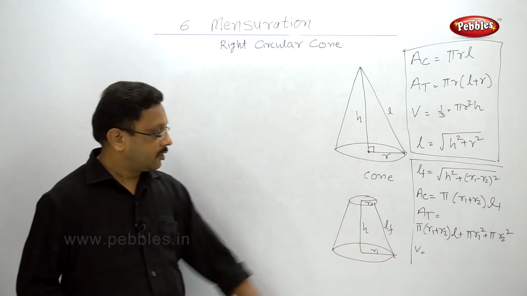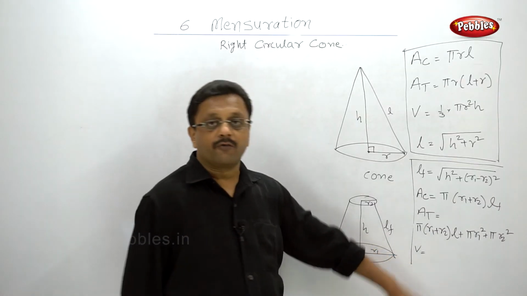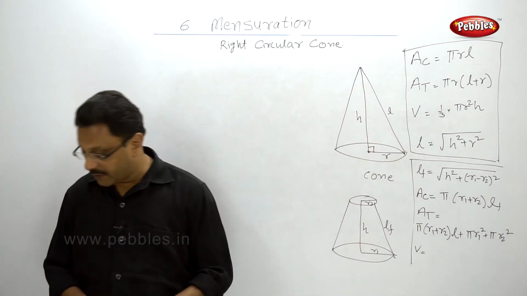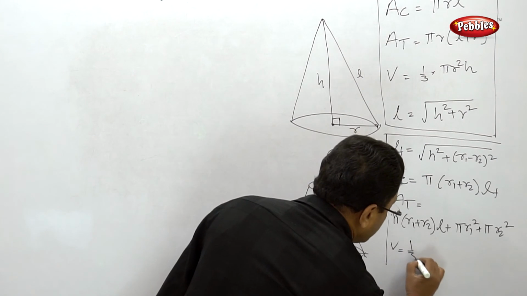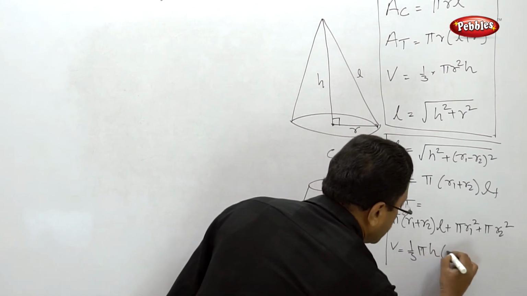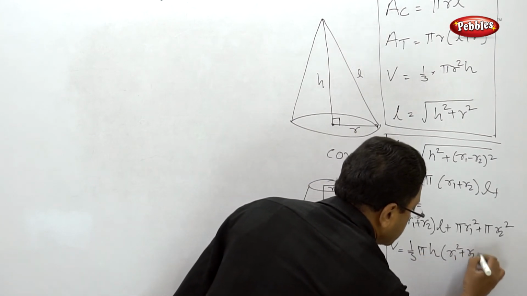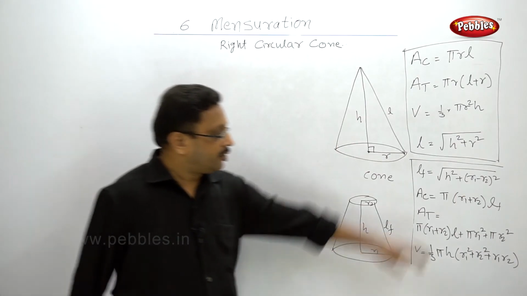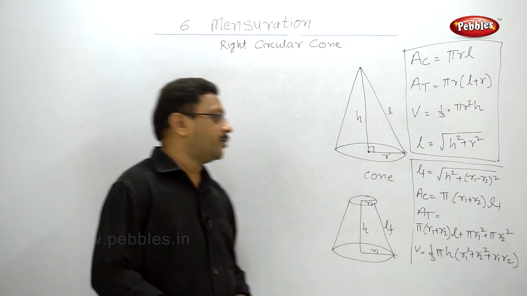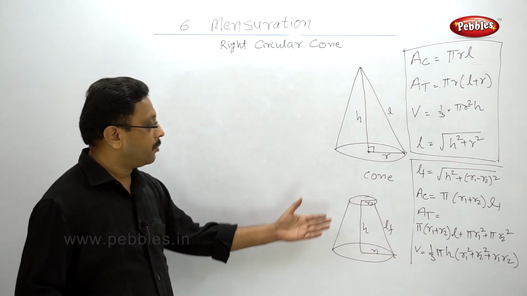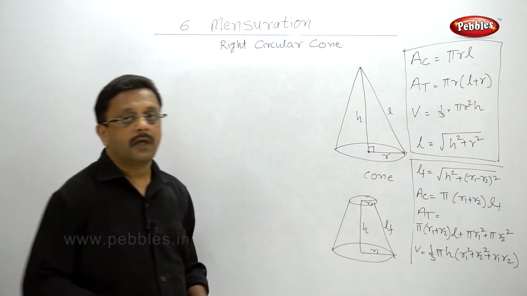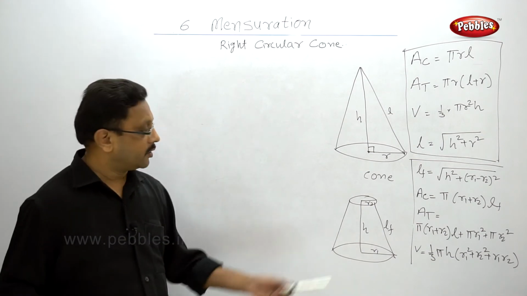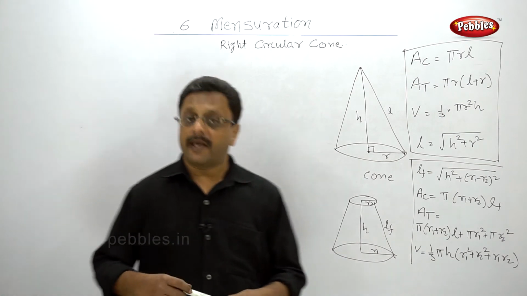And at last the formula for the volume of the frustum is 1 upon 3 pi into h into (R1 square plus R2 square plus R1 R2). So these are the four formulas on which the problems of the frustum are based. Now let us solve a few examples on this frustum and then we'll move to the exercise.